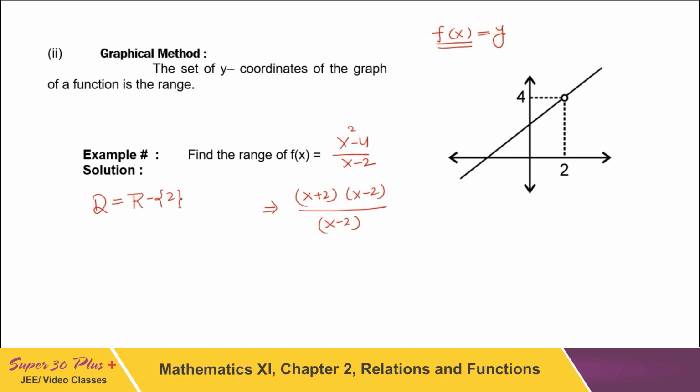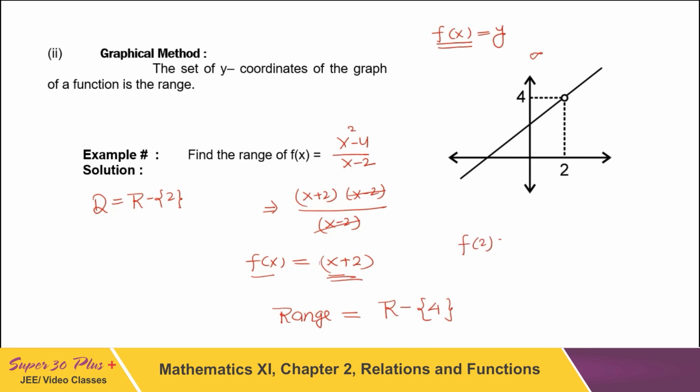On the domain we can cancel this factor, meaning f(x) is equal to x plus 2 now. As we know, this is a straight line, and a straight line goes from minus infinity to infinity. So the range of f(x) is minus infinity to infinity, meaning R, except the point 4, because at x equals 2 the value of f(x) is 4.